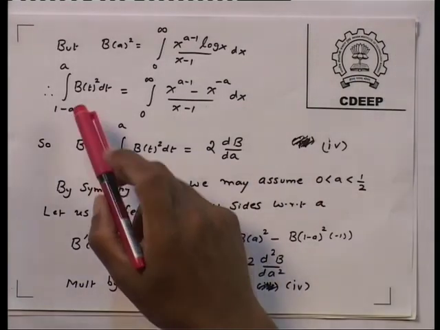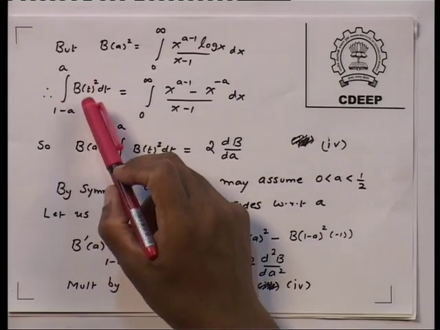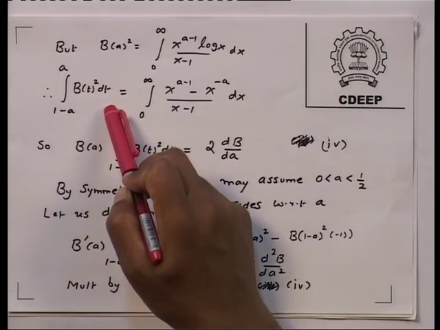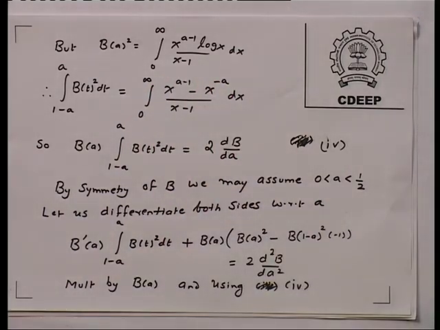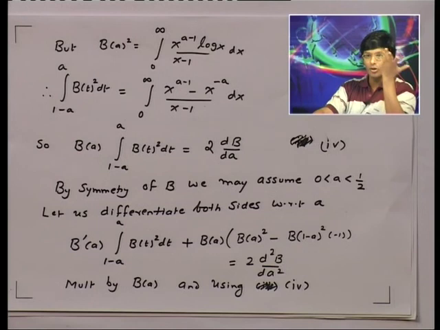So, compute the definite integral from 1 minus a to a of B(t) squared dt. It works out to be exactly this, correct? The log x in the numerator got cancelled while integrating.